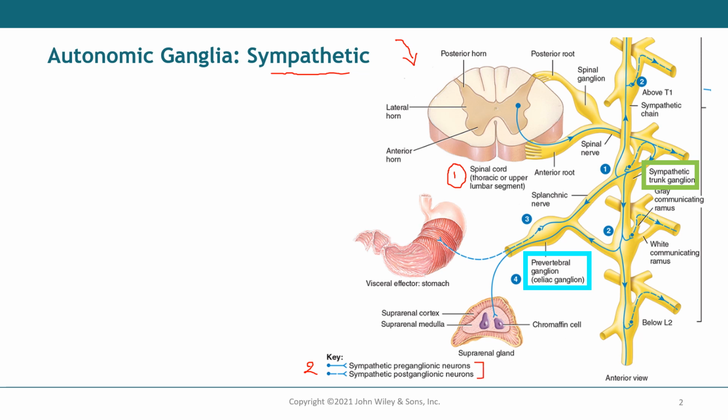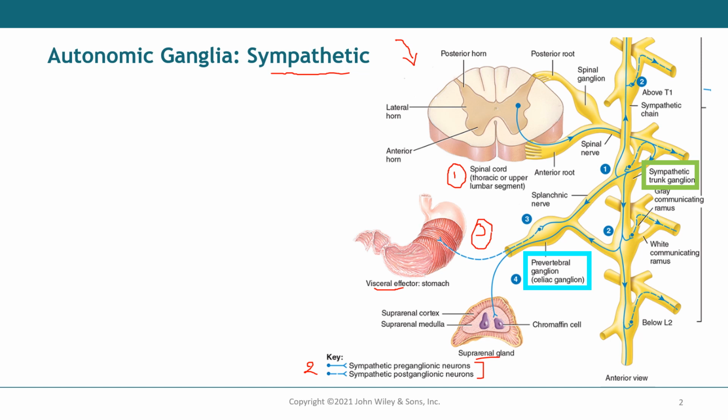And third, you have the effectors. All this is because you send an action potential, preganglionic, synapses, postganglionic, and the information finally reaches an organ that will produce different effects.